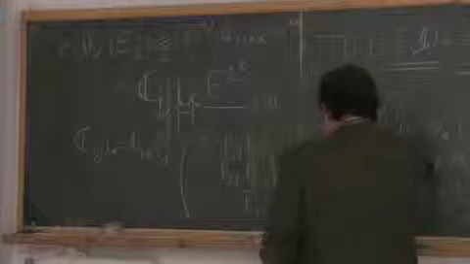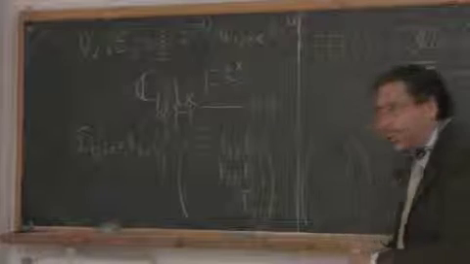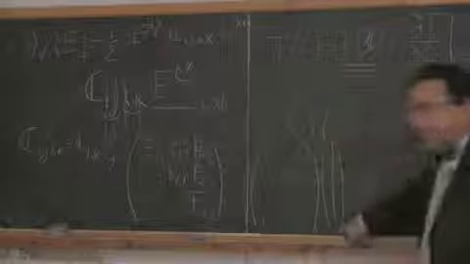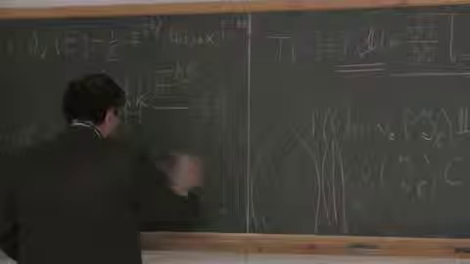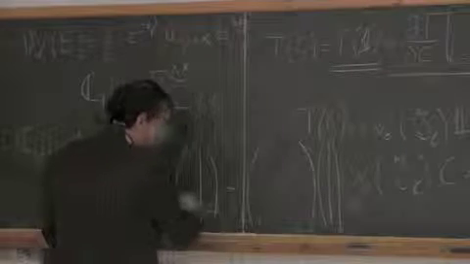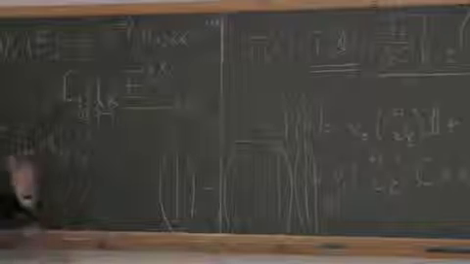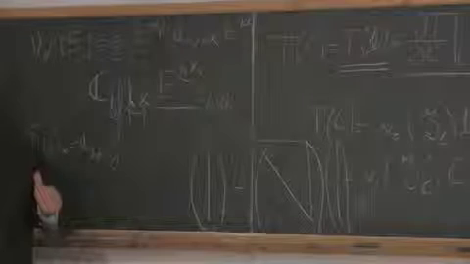So, in Voigt representation, you have 6 components of deformation, 6 components of stress, and you have a 6 times 6 matrix, which gives you the elasticity matrix. How many elements do you have in the diagonal? 6.